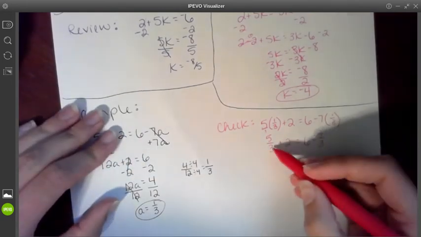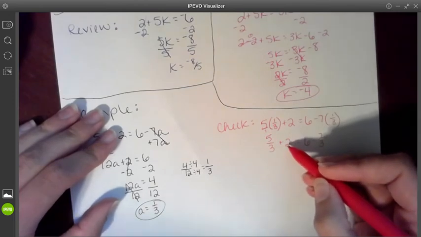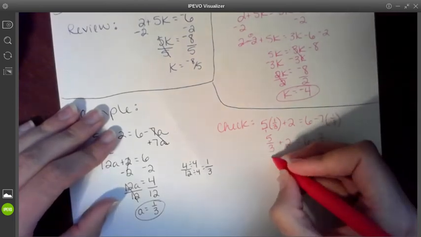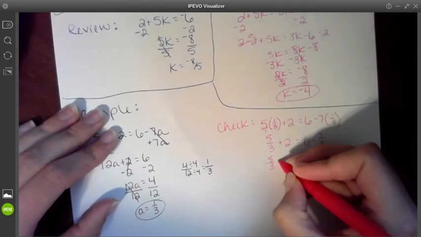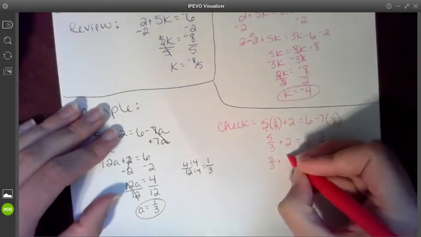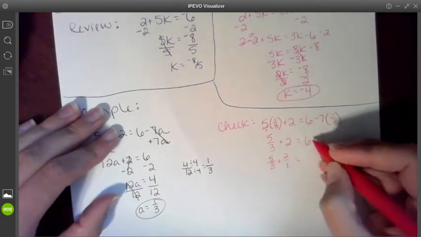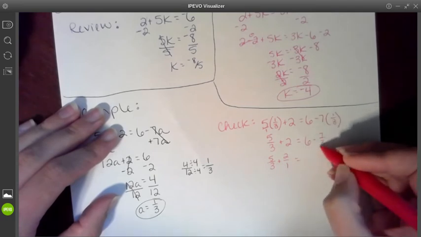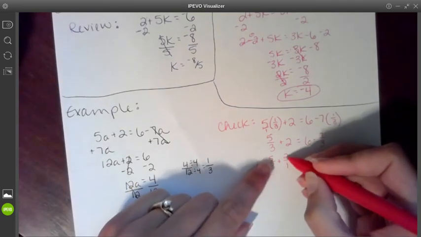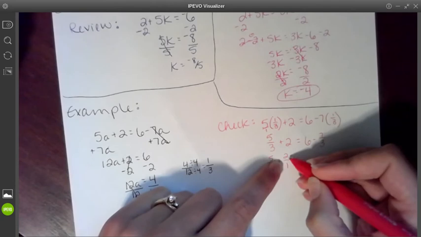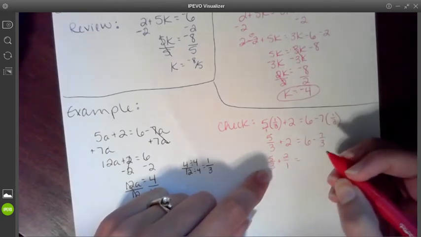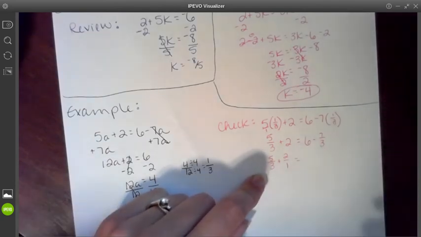All right, so to add these, I'm going to get a common denominator. So I'm going to write this as 5 over 3 plus 2 over 1. Actually, we'll do this side first. 5 over 3 plus 2 over 1. Again, a common denominator. I'll do the butterfly method.